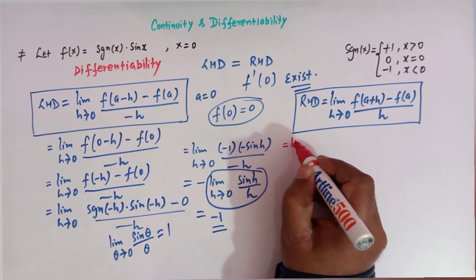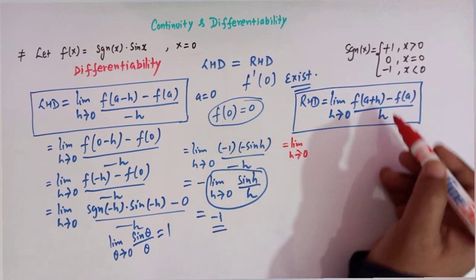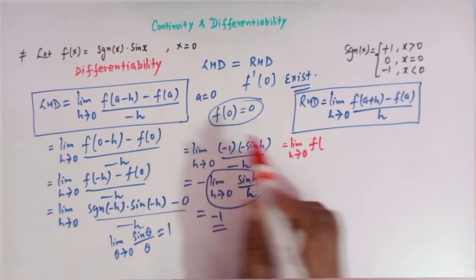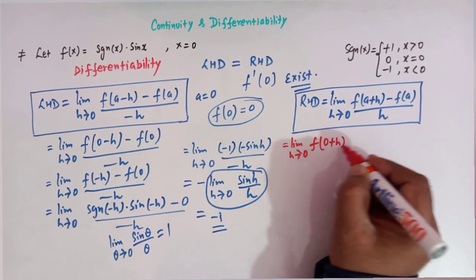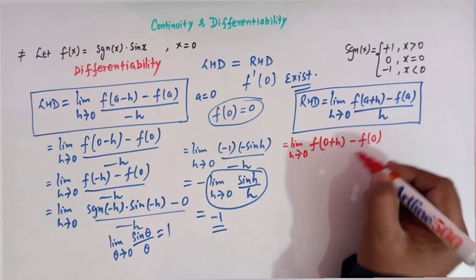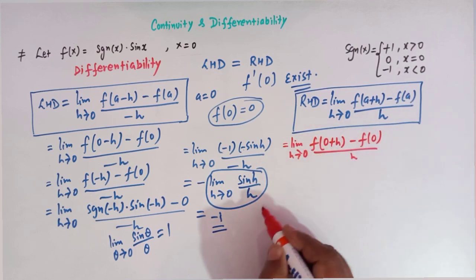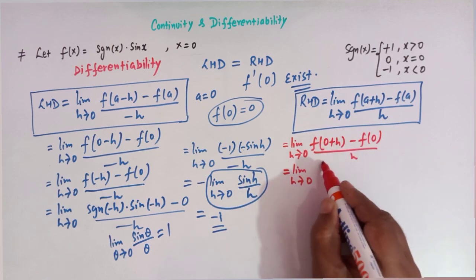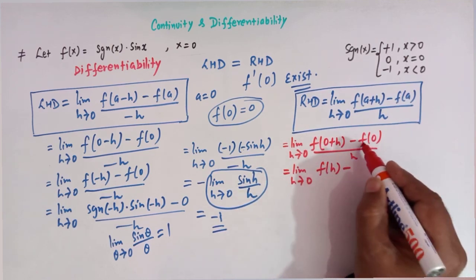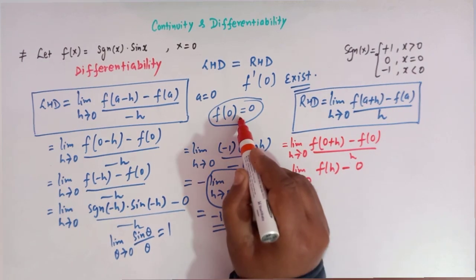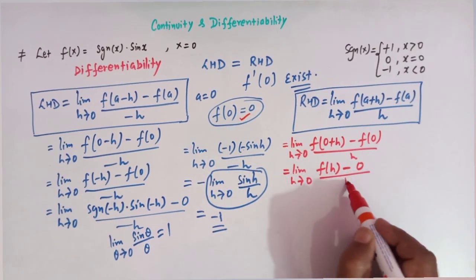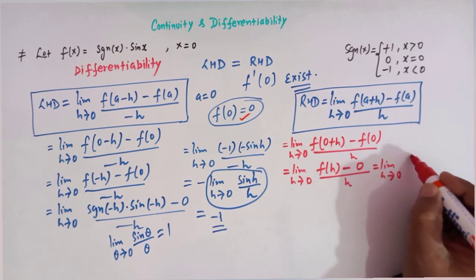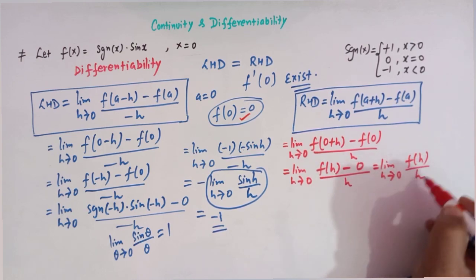Here we have limit h tends to 0 of f of a plus h. Again a is equal to 0, so we have f of 0 plus h minus f of 0, divided by h. This is the limit h tends to 0, and f of 0 is already 0, so we have f of h divided by h.